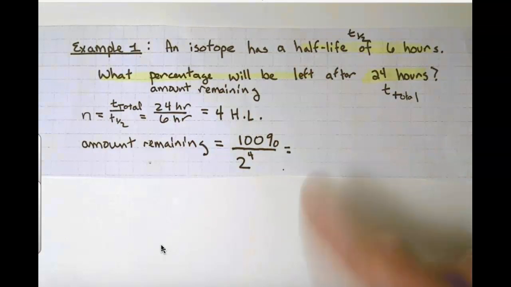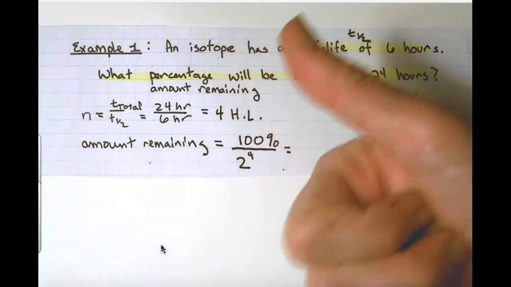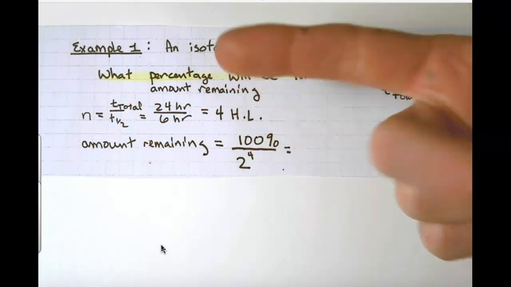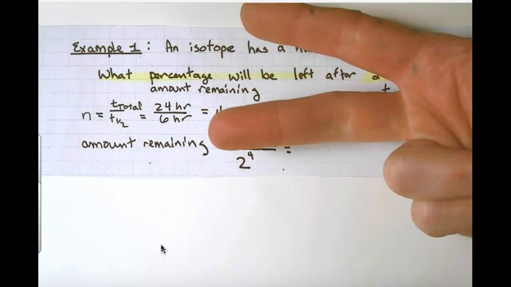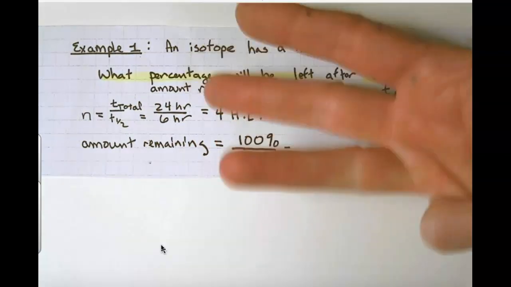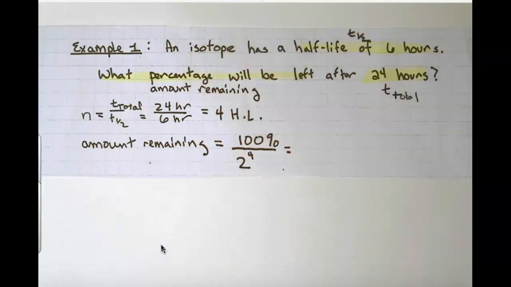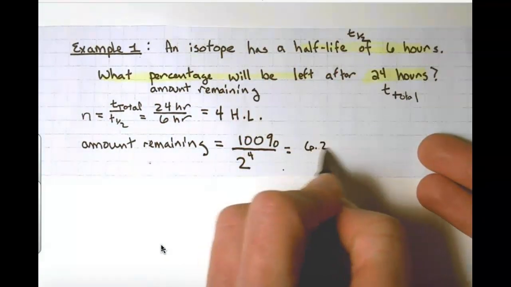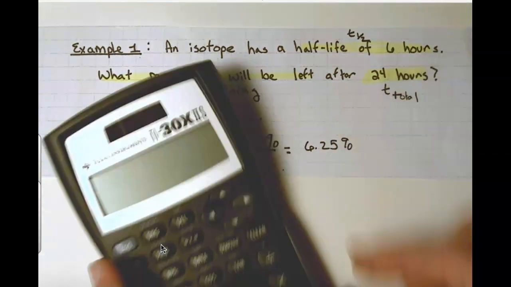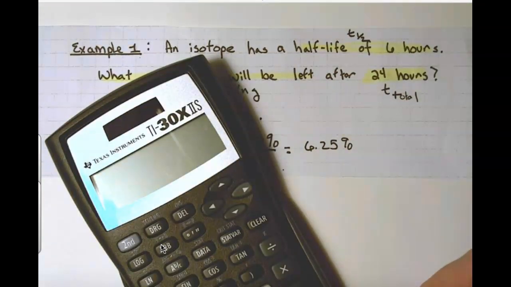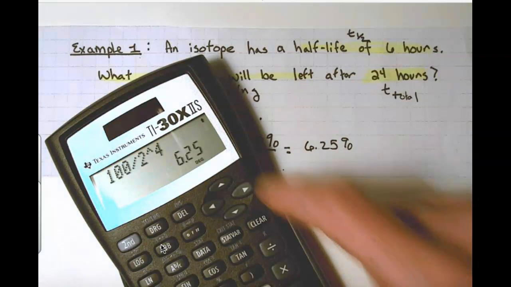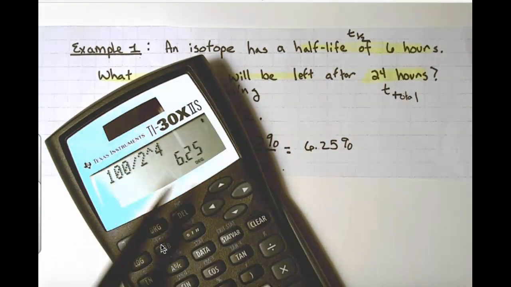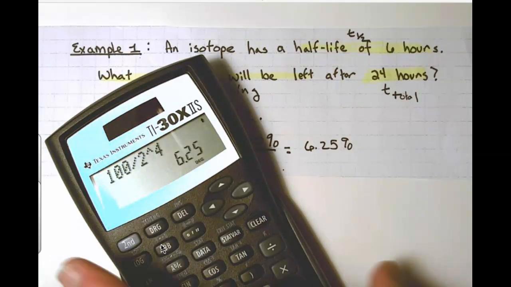We'll do both. 100% divided by 2 once is 50%. Divided by 2 twice is 25%. Three times is 12.5%. And divided by 2 four times is 6.25%. Let's verify with the calculator: 100 divided by 2 to the 4th, 6.25, verified.